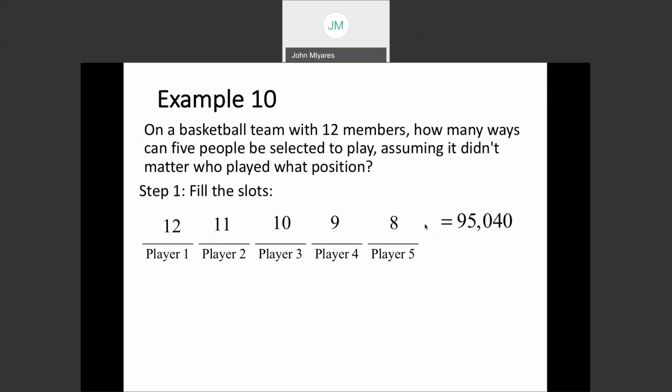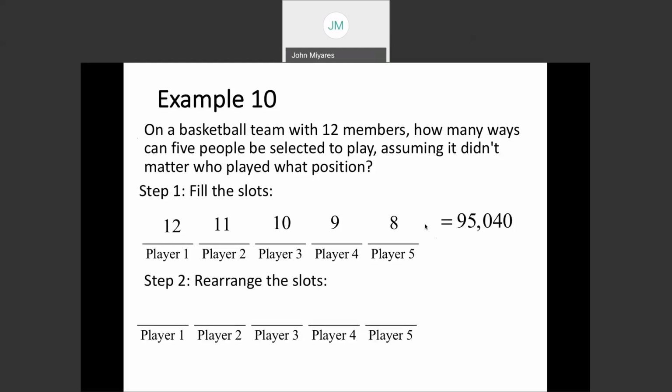Now, knowing that the position each person is playing doesn't really matter, we want to see how many ways we can rotate those 5 people among each other and still have the same group on the court. So we'll set up the 5 slots.